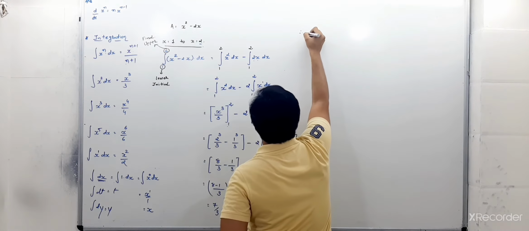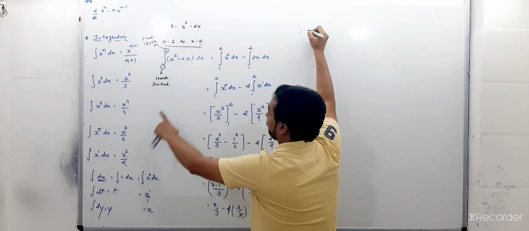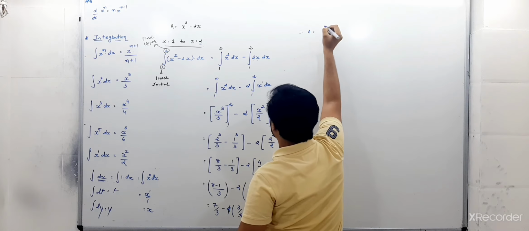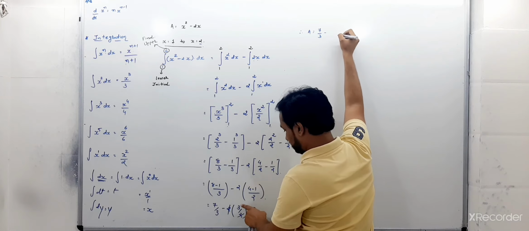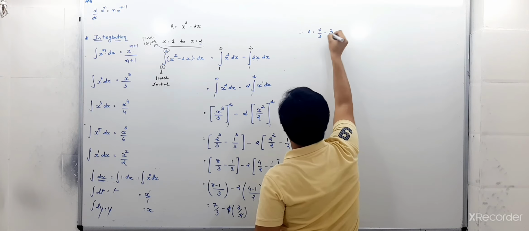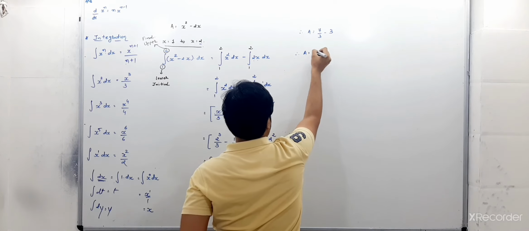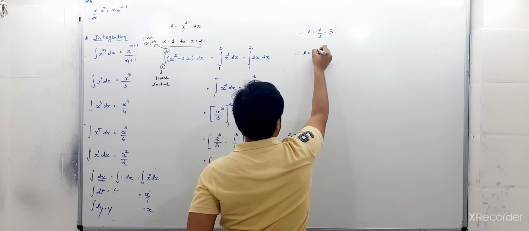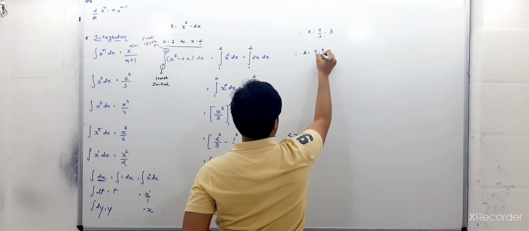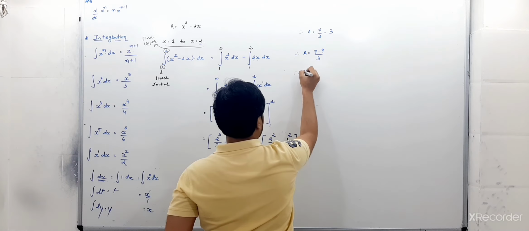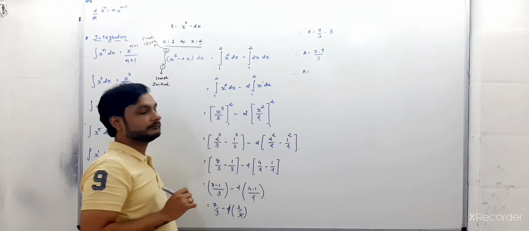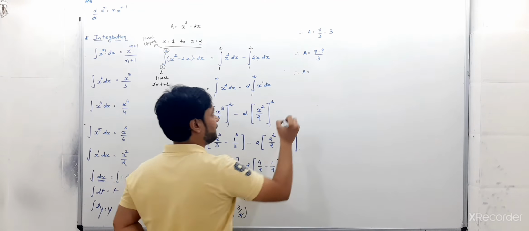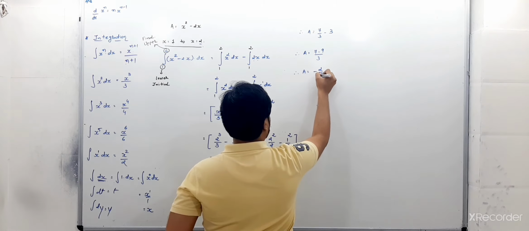So our answer for this, A equals 7 by 3 minus 3. Take the LCM. So A equals 7 minus 3 threes are 9, divided by 3. So A equals 7 minus 9. 7 minus 9 what? 7 minus 9 is minus 2, divided by 3.